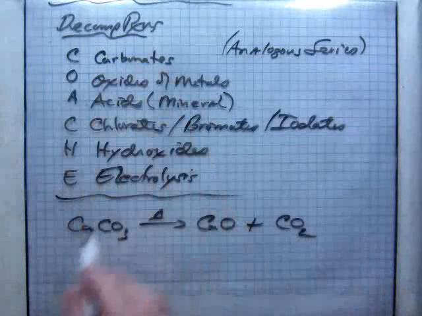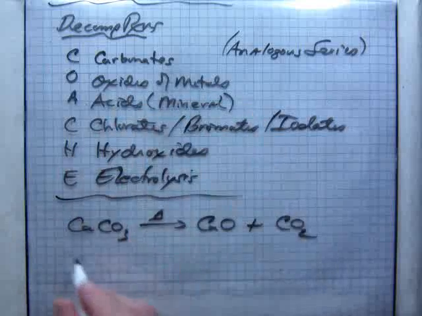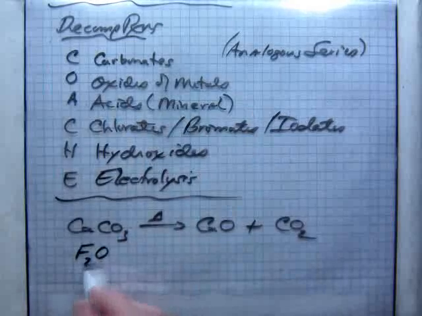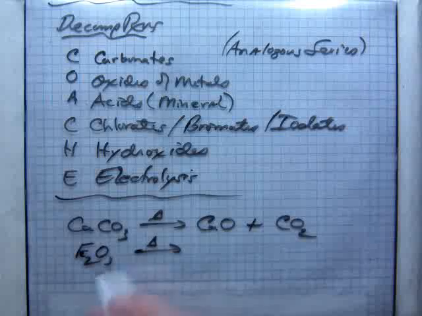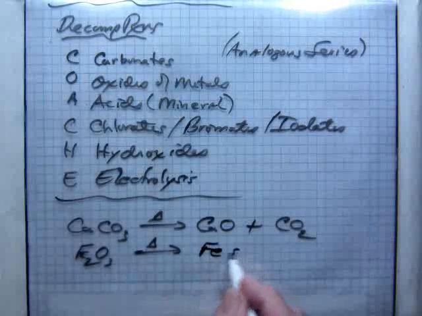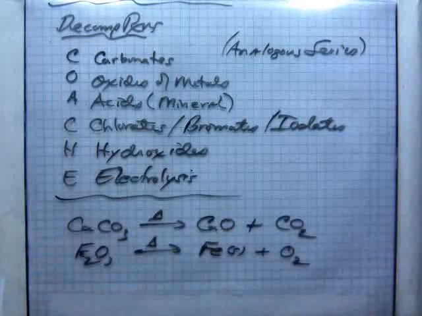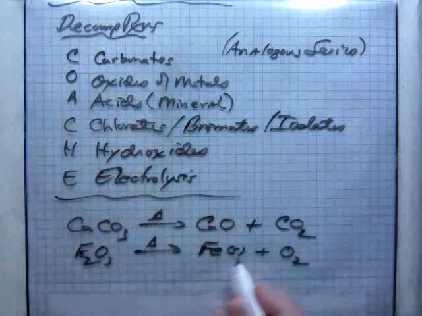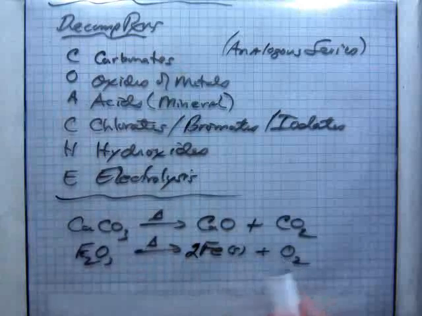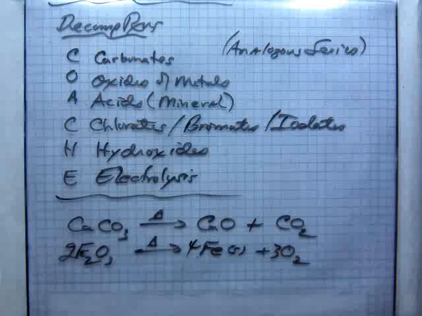Whereas you go to the oxides of metals, the iron oxide, this is rust, and heat it, Fe2O3, you'll get iron in a solid form, plus O2 will come out of that. And so these are the outcomes of this COACHE acronym. And so we need a 2 there, let's see, I have a 2, and a 3, 2, change that to a 4. So you'll be able to do that.